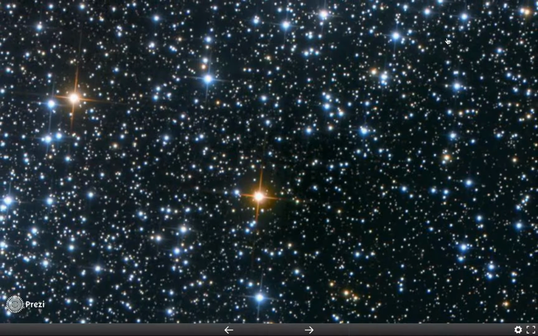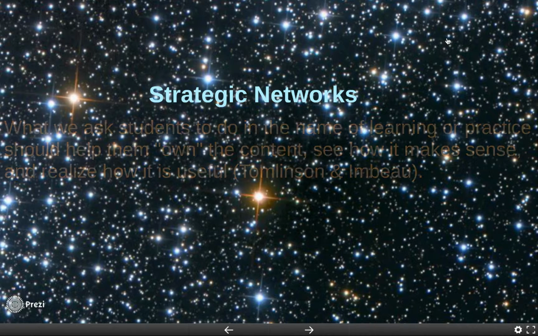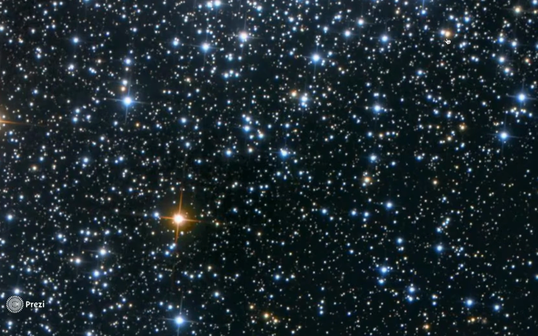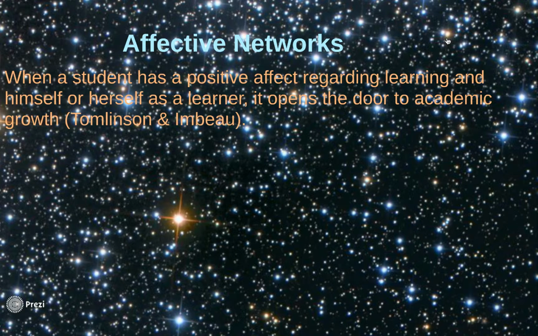So the third important idea for incorporating universal design for learning is affective networks. Tomlinson and Imbo say when a student has a positive affect regarding learning and himself or herself as a learner, it opens the door to academic growth.